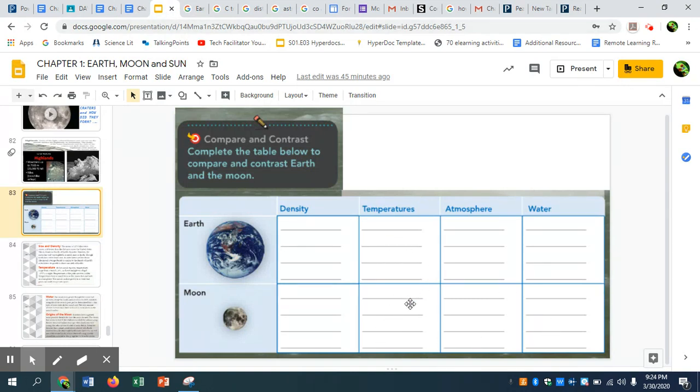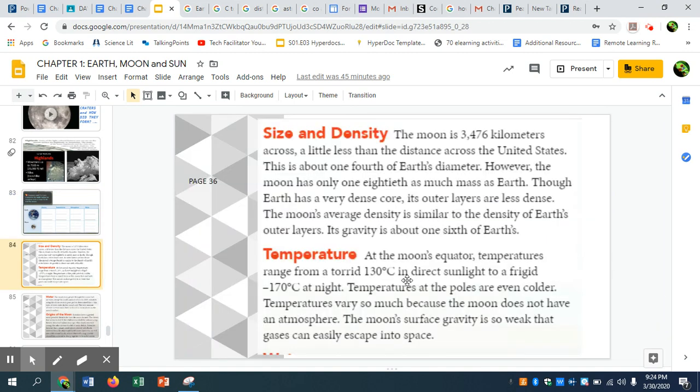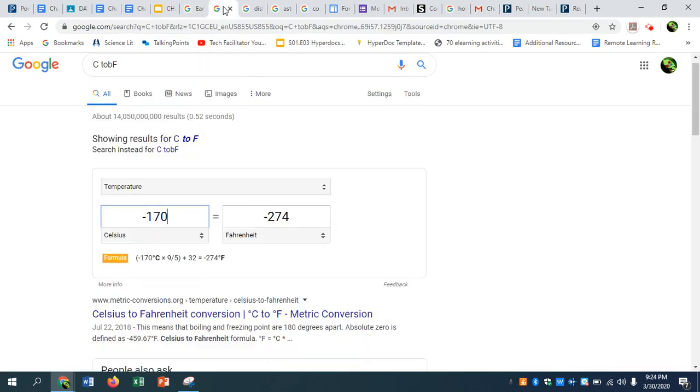Now, how about the moon? What is the temperature like on the moon? Do we want to live there? At the moon's equator, which is always the hottest, the temperatures range from a torrid 130 degrees Celsius. I know we're not used to thinking in Celsius, so I have my handy converter here for you. The temperature of the moon can go up to 130 degrees Celsius.